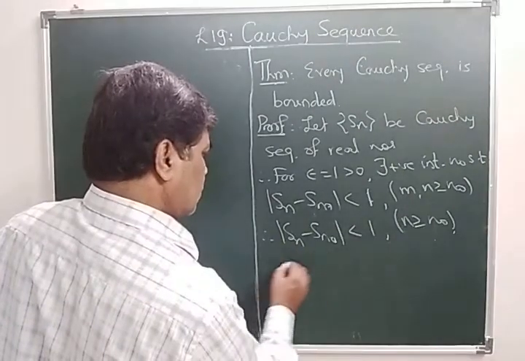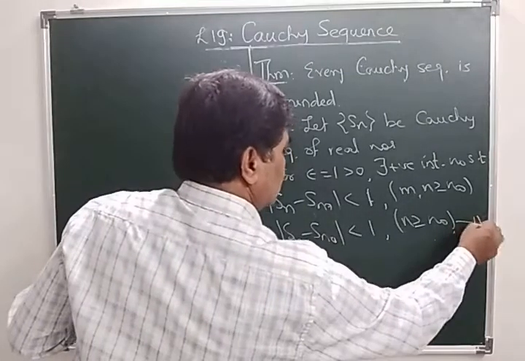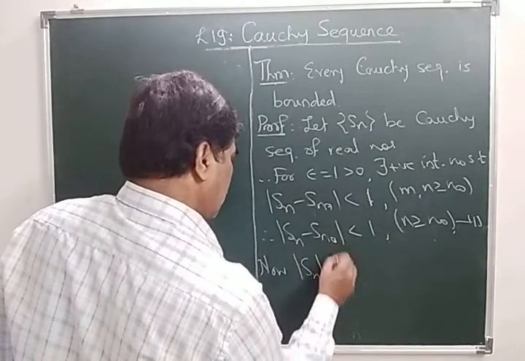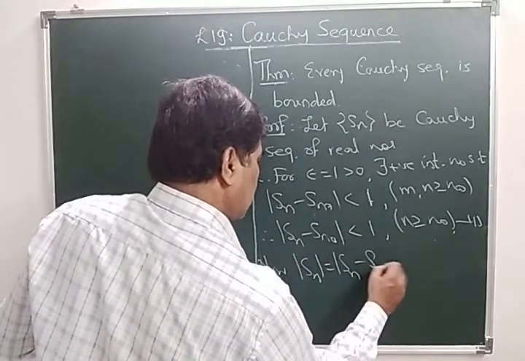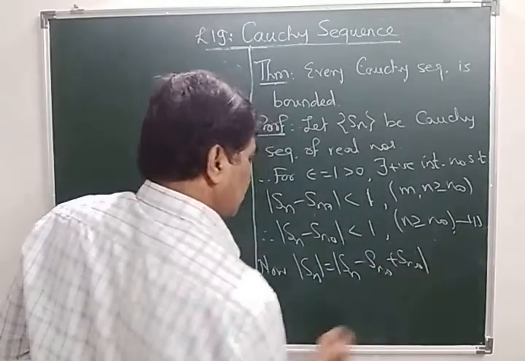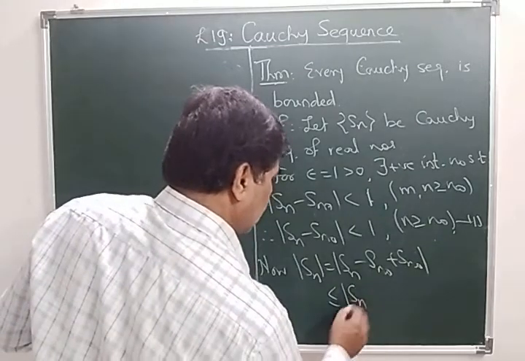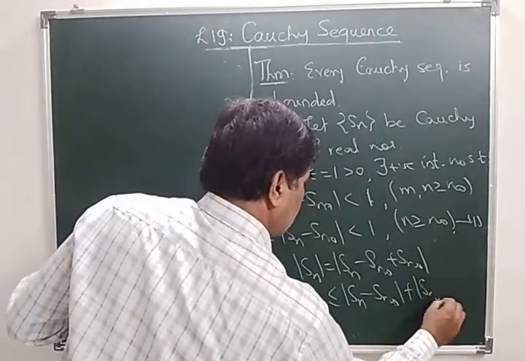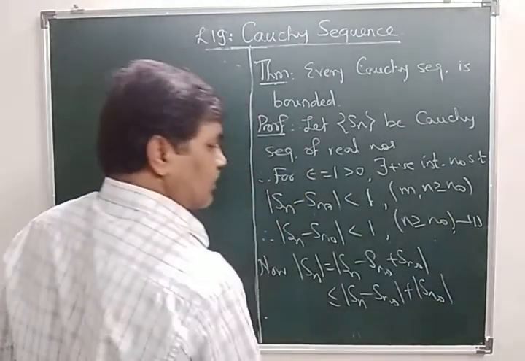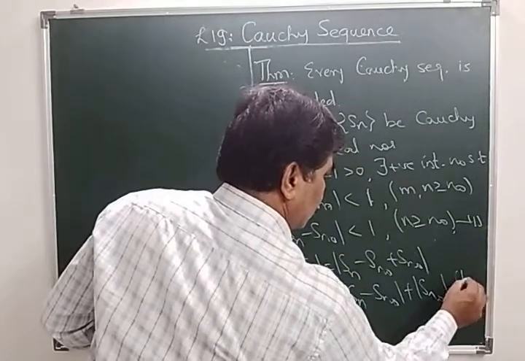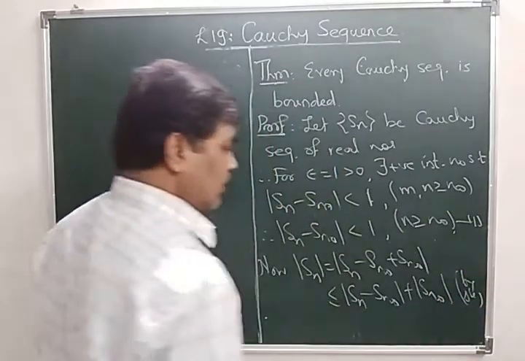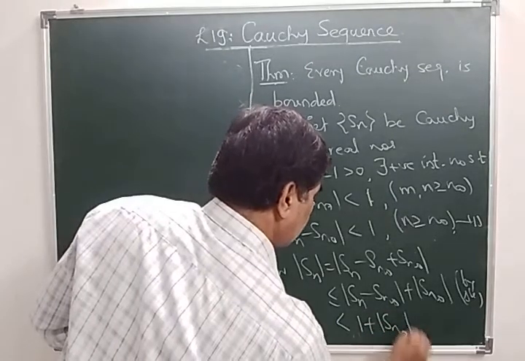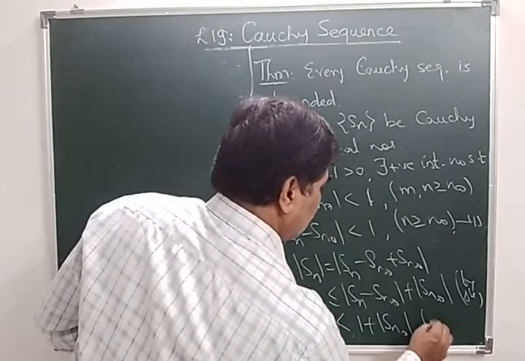Now, this is 1. Now, mod of Sn is equal to mod of Sn minus Sn naught plus Sn naught. By triangle inequality, this is less equal mod Sn minus Sn naught plus mod of Sn naught, and by 1 this is less than 1 plus mod Sn naught for any n greater or equal n naught.